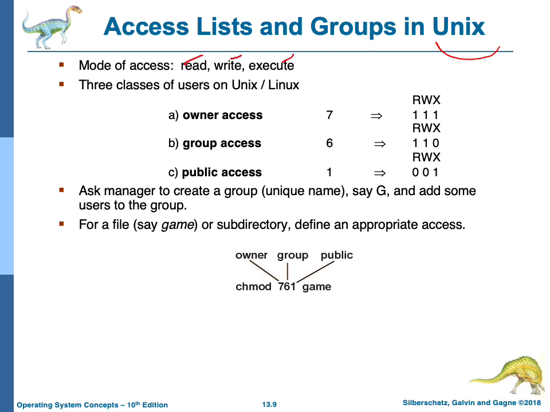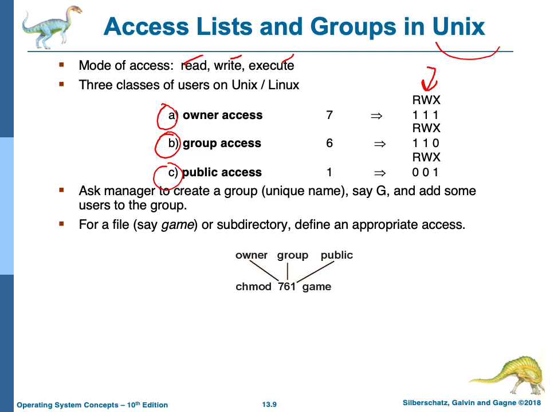In Unix and Linux systems, we define three classes of users of a file: the owner of the file, the group, and the public.